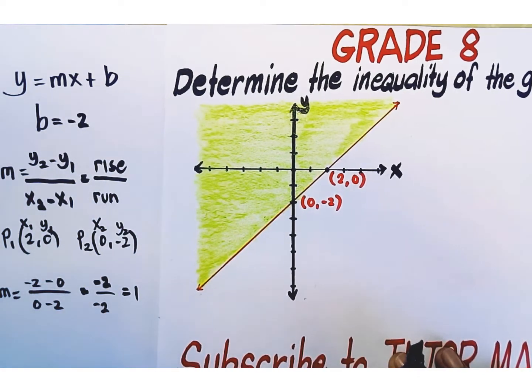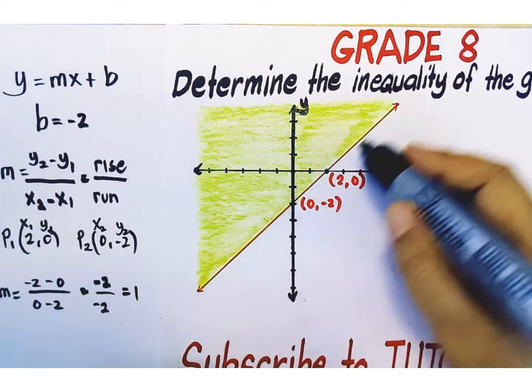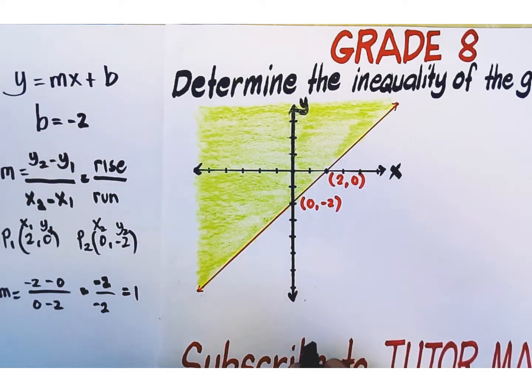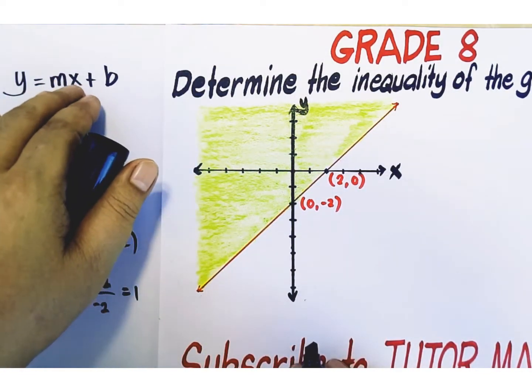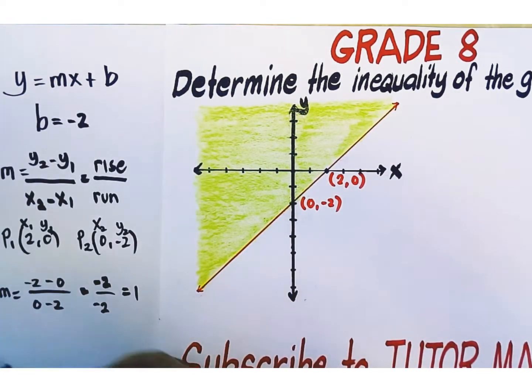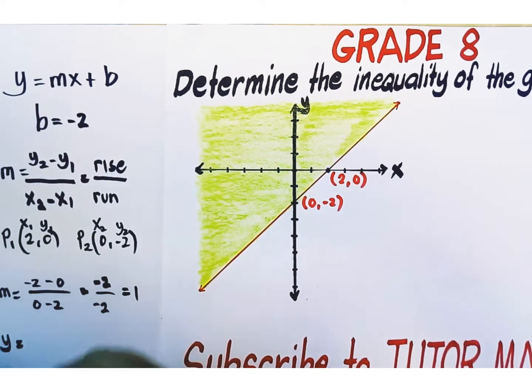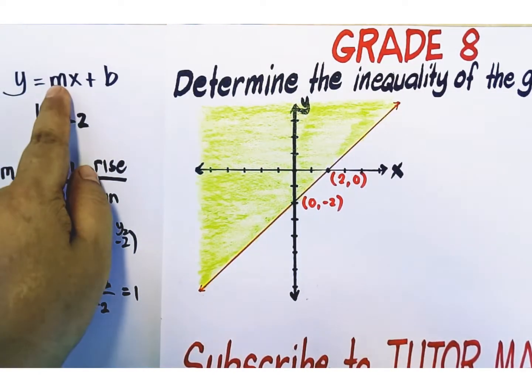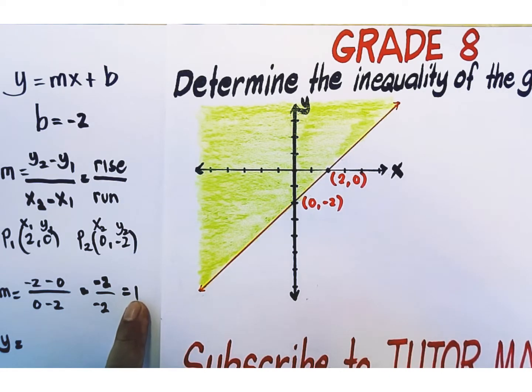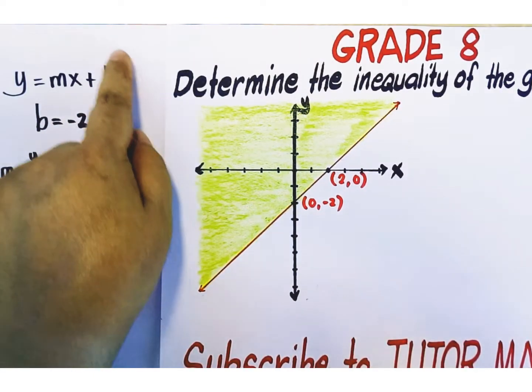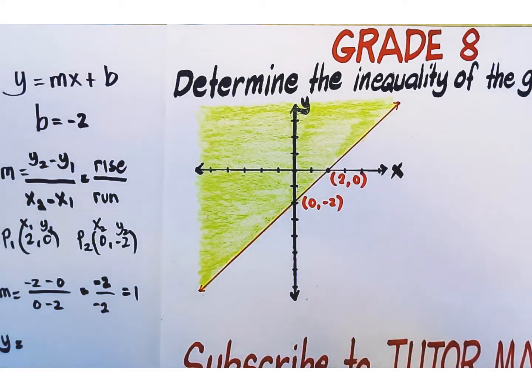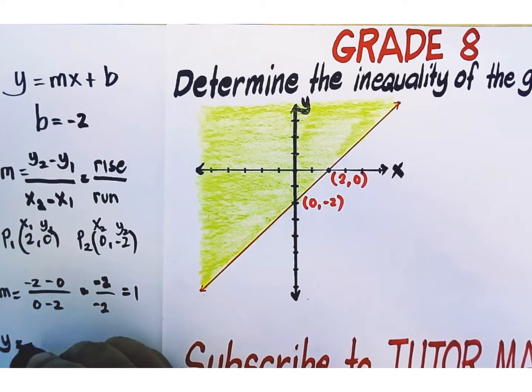Let's now write the slope-intercept equation of this boundary line. Plug the values of m and b into the slope-intercept equation of a line. Y equals, the numerical coefficient of x is 1. We omit it. We don't write 1. So the first term of the right side of the slope-intercept equation is just x.